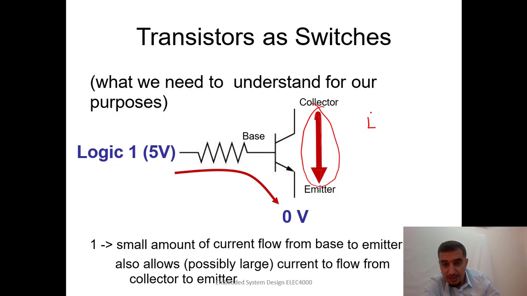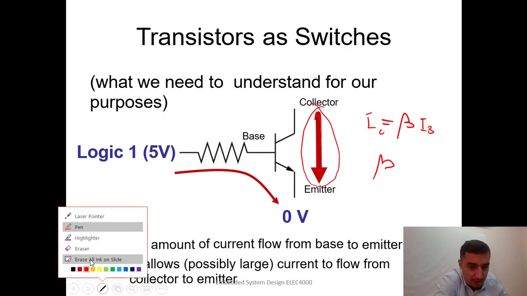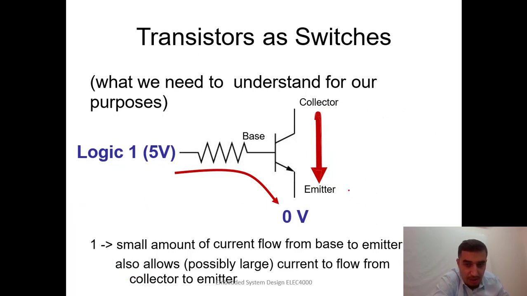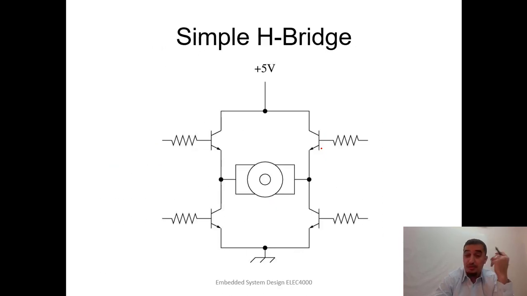Remember, IC is equal to beta IB, and beta will equal around 100. So whatever goes here will be multiplied by around 100 or 150 to get the collector current.